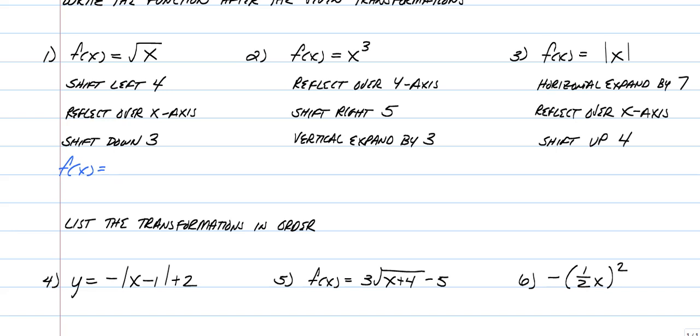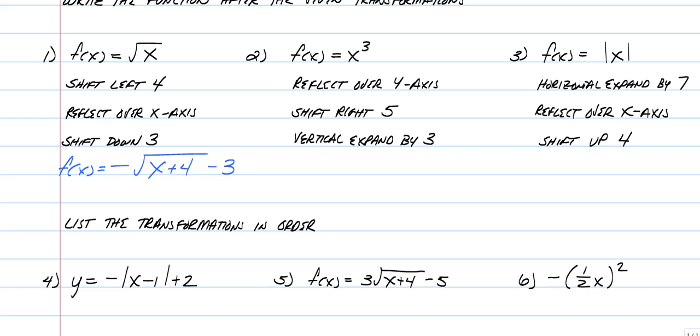Remember, reflecting over the x-axis is going to be a negative for the entire thing. We do not have any other stretches, so we can write our square root. Shifting to the left 4 is going to be x plus 4. Remember, left and right are opposite of what you think, and shifting down 3 means we subtract 3 at the very end of the function.